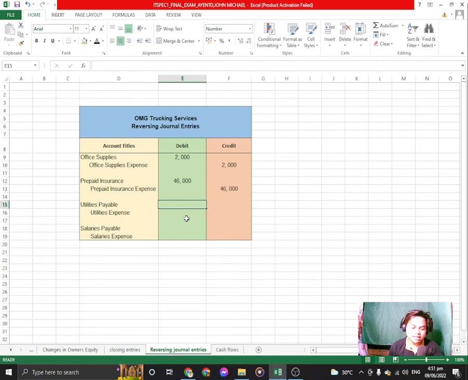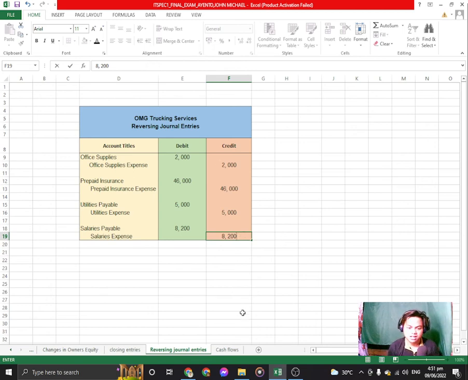And for the utilities payable, we have 5,000 pesos. And also for the utilities expense, the same, 5,000 pesos. And salaries payable, what was paid to the drivers and the secretary, 8,200. And 8,200 also. Okay, that is the reversing journal entries for the OMG Trucking Services.